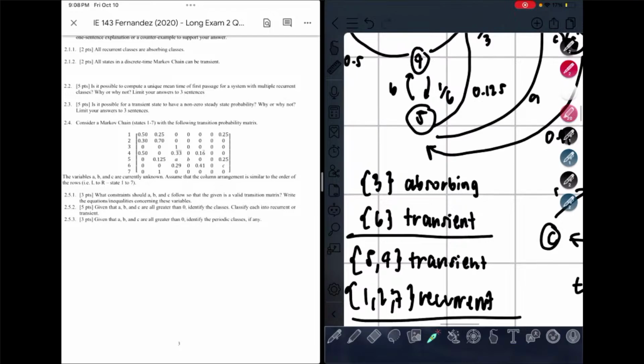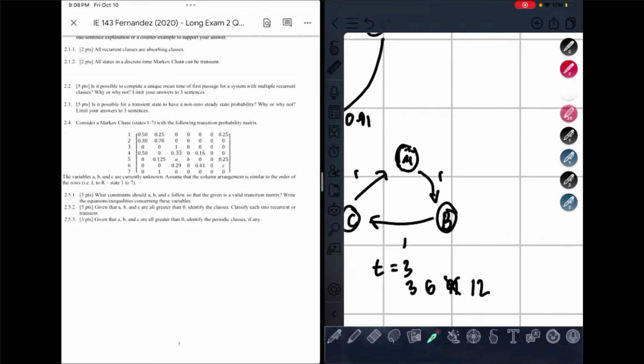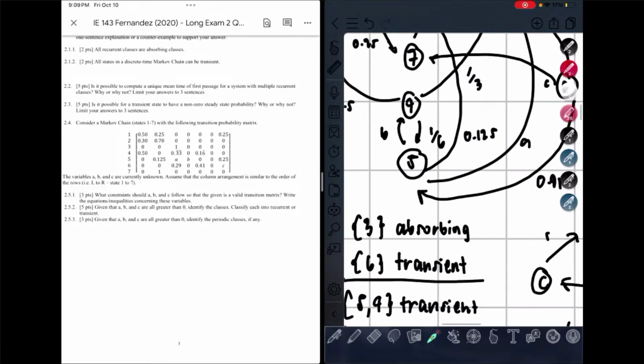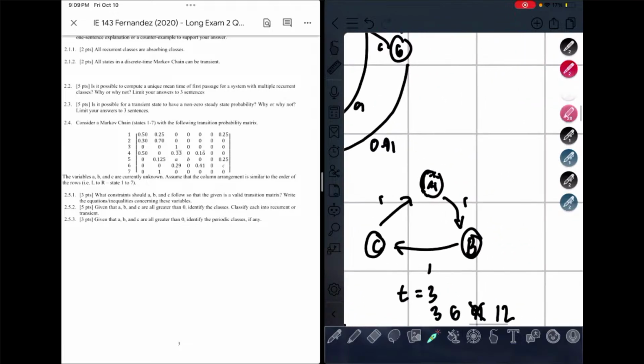The second thing is that obviously it has to be recurrent, right? Because for you to have a fixed amount of time to return, you need to be able to return in the first place, with 100% certainty. So meaning if you're transient and there's a chance that you won't come back, automatically hindi na possible na maging periodic yung transient. Hindi na rin possible yung absorbing because periodic requires that the T is 2.